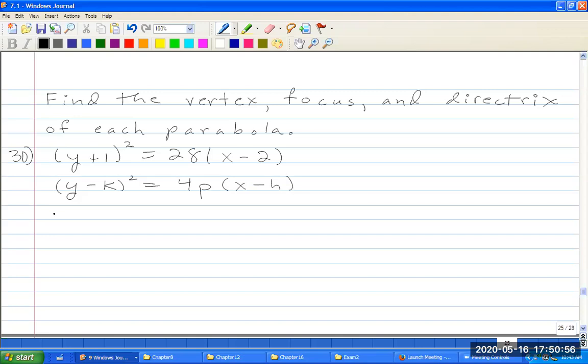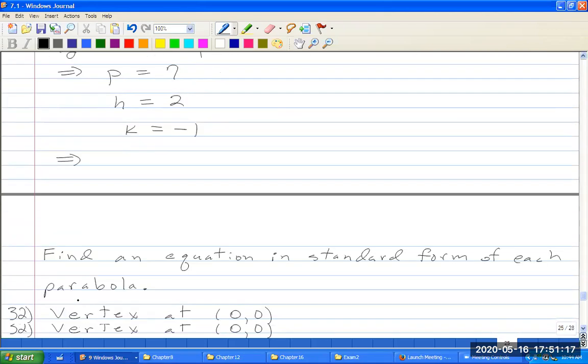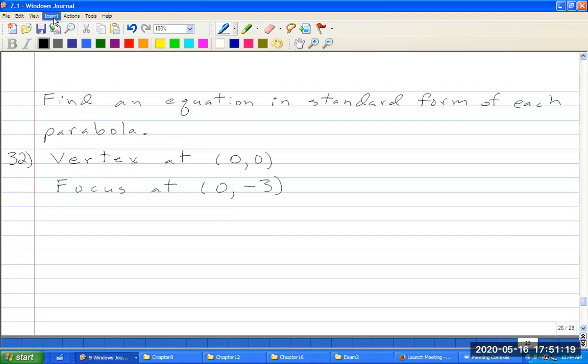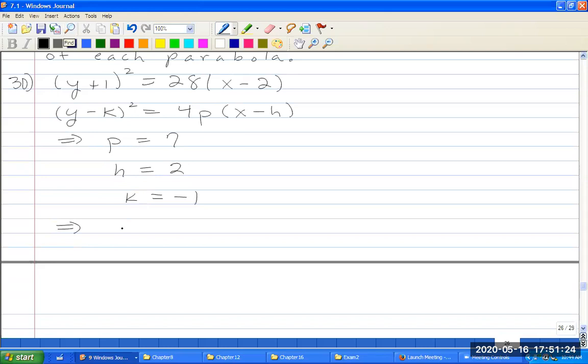So in this case, p is going to be 7, h is 2, k is negative 1. So let's find the vertex. The vertex is just h, k, 2, negative 1.